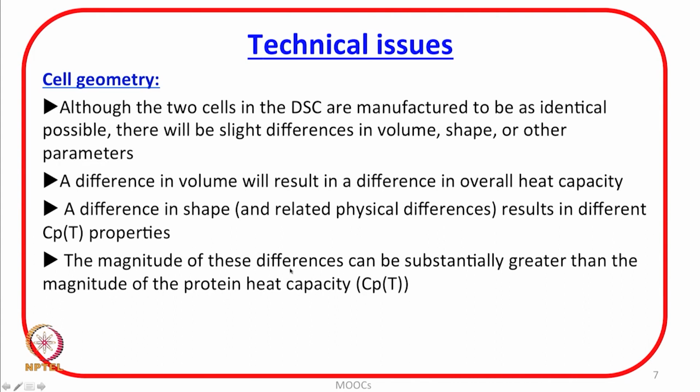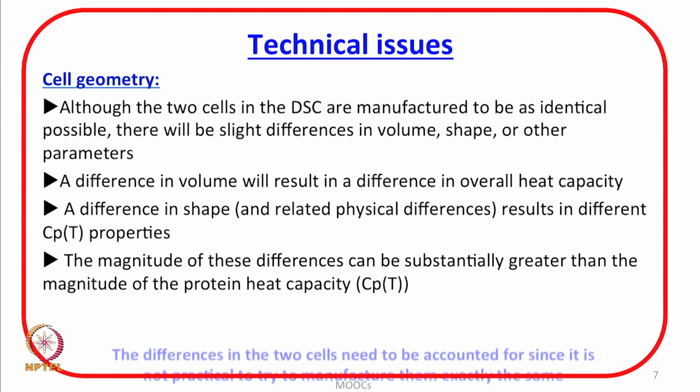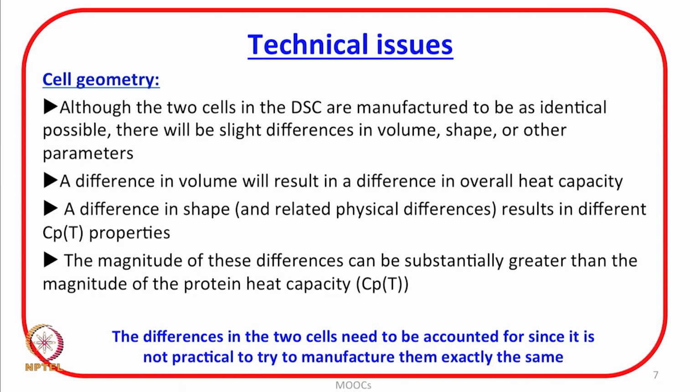And the magnitude of these differences can be substantially greater than the magnitude of protein heat capacity if the cell geometry is largely different. Therefore, the differences in the two cells need to be accounted for, since it is not practically feasible to manufacture the two cells exactly the same.